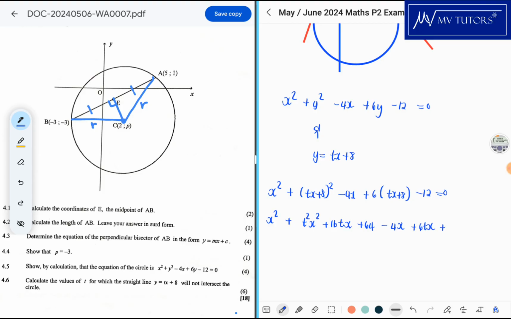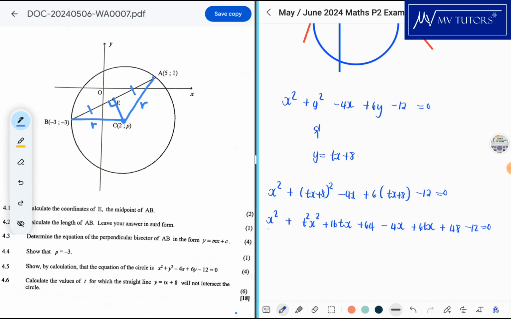What is 6 times 8? 48, plus 48 minus 12. All right, so I am happy when I see this. Why? I basically now have turned my circle with that straight line into a quadratic, okay? And because I have a quadratic now, it means I can use the discriminant. But before I even go there, I need to simplify this so that I have ax squared plus bx plus c, so that I can use the discriminant.